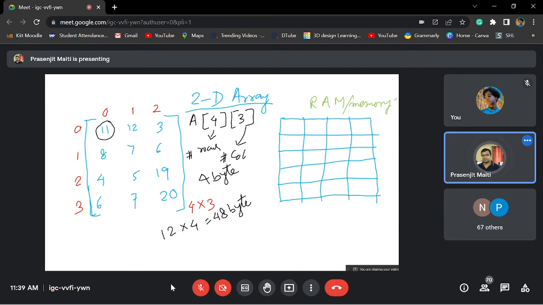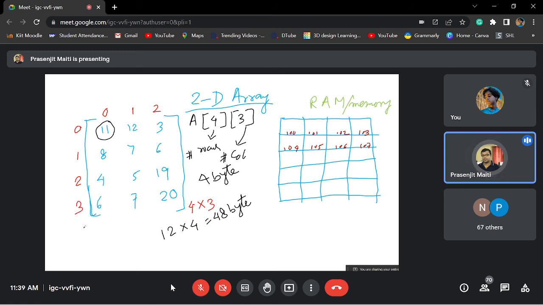Each location has some address. Suppose this location address is 100, 101, 102, 103, 104, because memory locations are always continuous, 105, 106, 107, and so on.